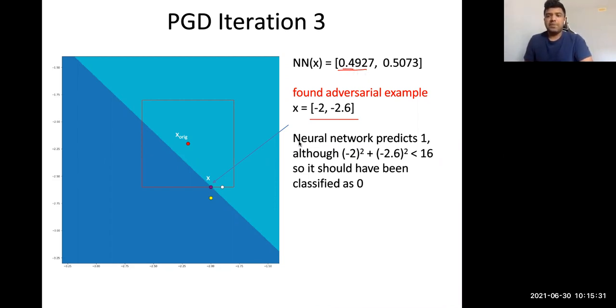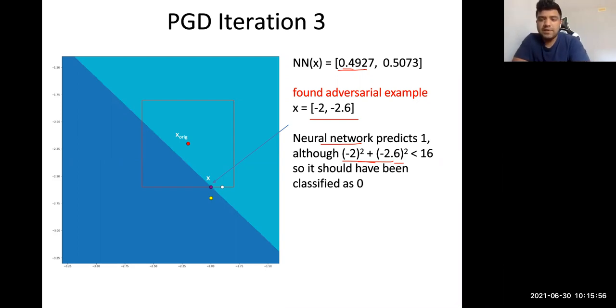But the property actually holds, because if you put these values in our initial equation that we use to get our graph, the value would end up being somewhere around 10. And if it's less than 16, it should have been classified as the property holds. It should have been classified as 0.